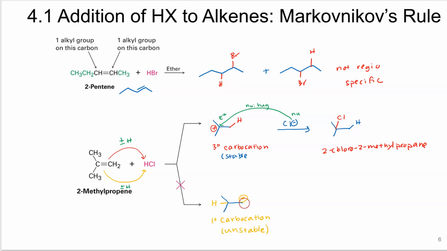And the stability is based on how many groups it has around it to support that positive charge. In the tertiary, it had 3 carbon groups that can lend its electron density in to support that positive charge, but with the primary, you're not going to see that. So this is unstable. So we are not going to see this happen.